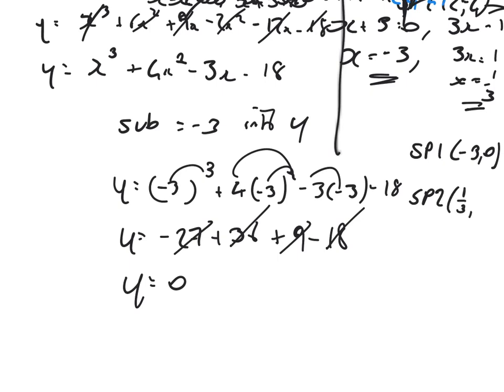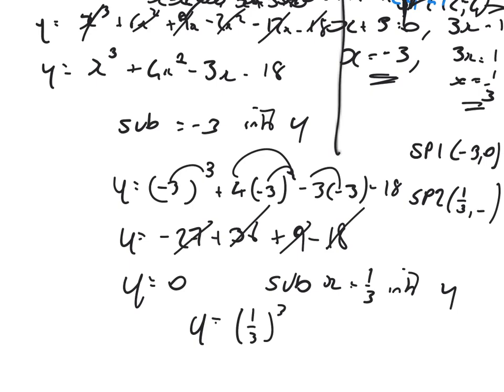Let's investigate the position of stationary point 2. So I'm going to sub x equals 1/3 into y. So that will be y equals 1/3 cubed plus 4 lots of 1/3 squared minus 3 lots of 1/3 minus 18.